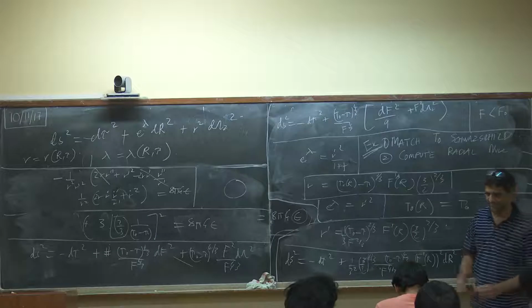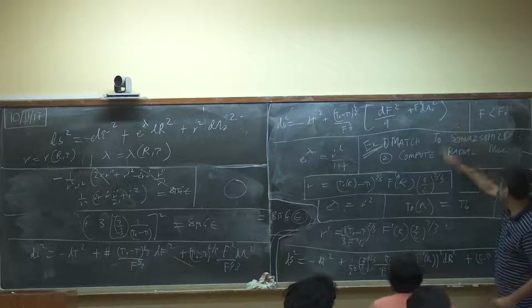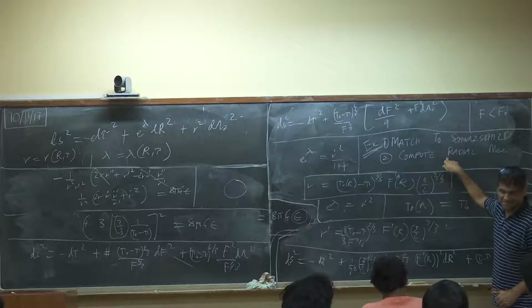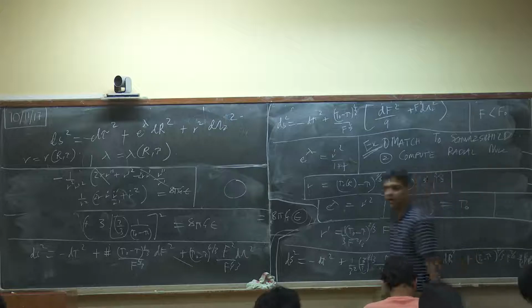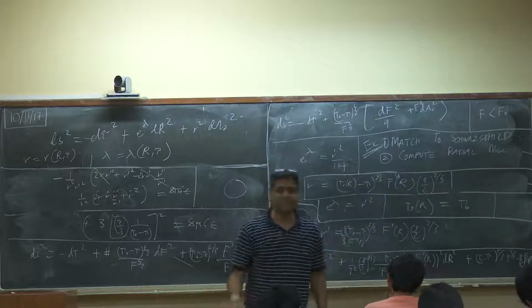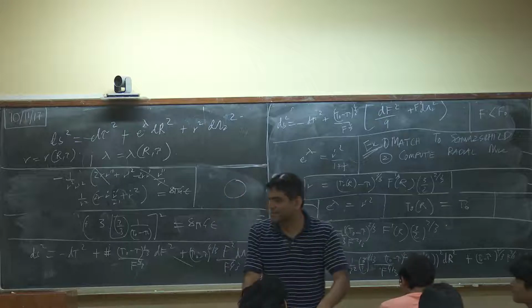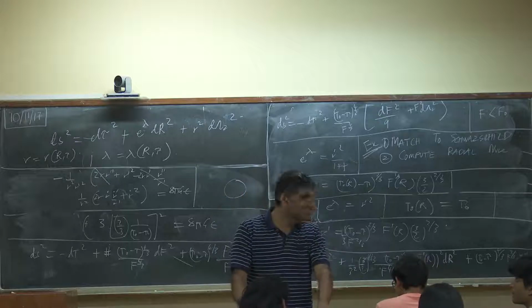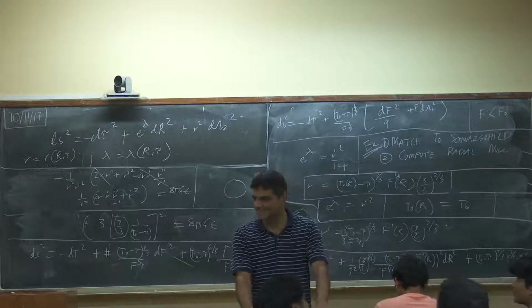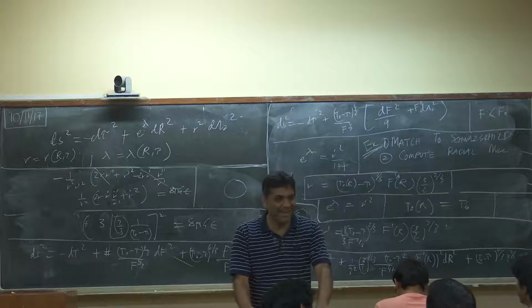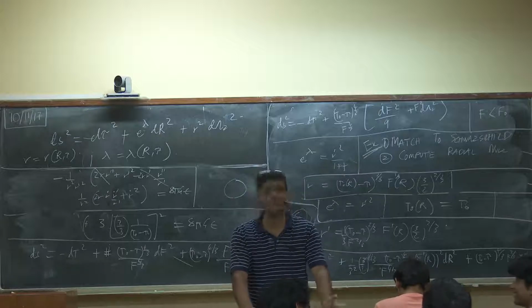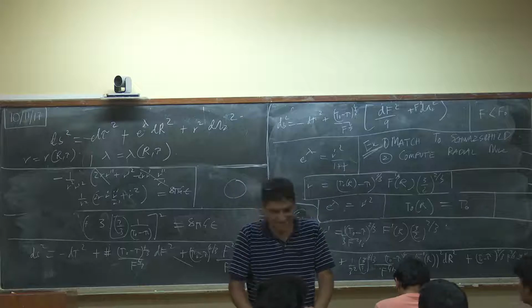So, match the solution to Schwarzschild, and compute radial null geodesics in the solution. Now, every time you hear compute geodesics in some geometry, you think it's a complicated task. But radial null geodesics is a very easy task, because it's just putting the condition ds squared equal to 0. That fixes it.